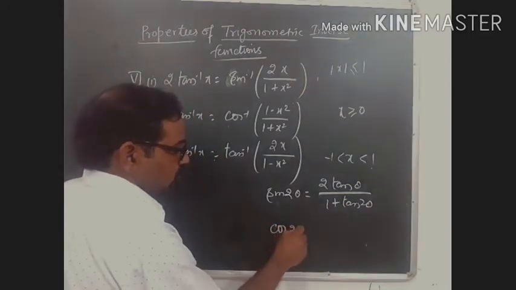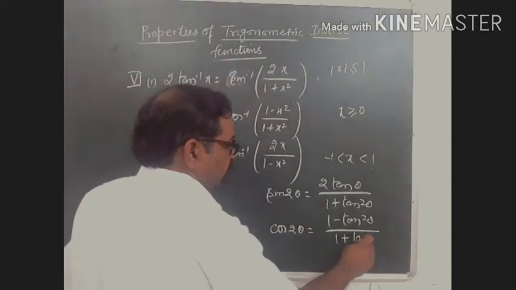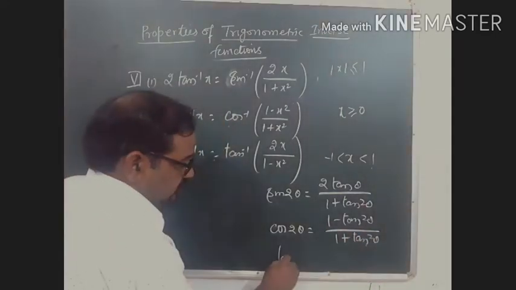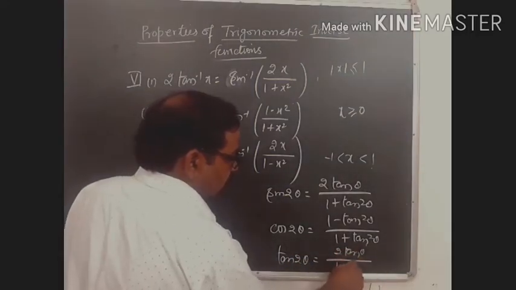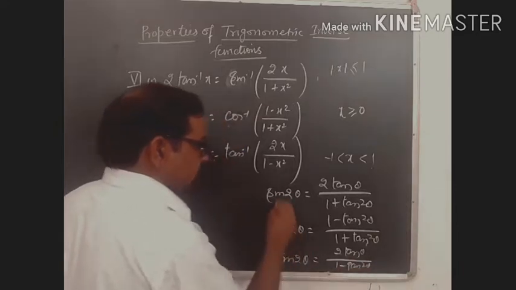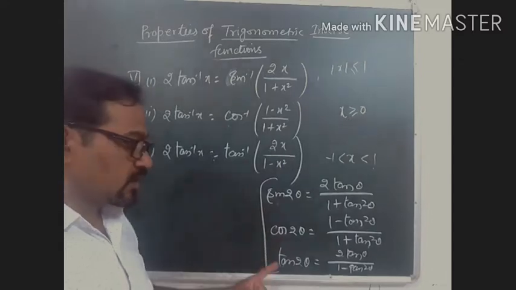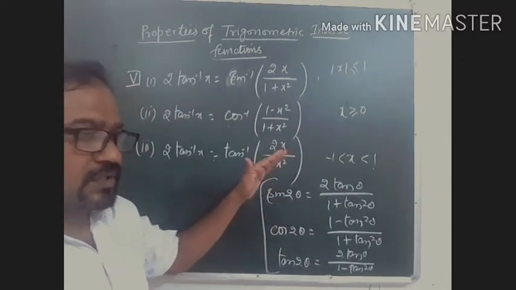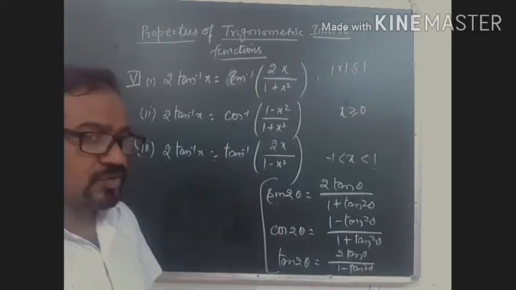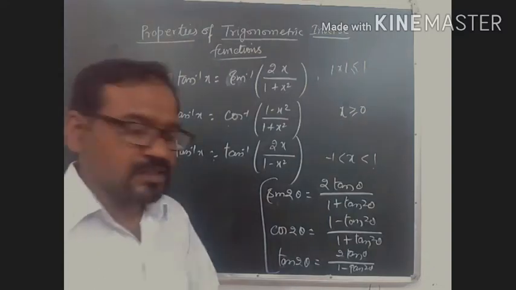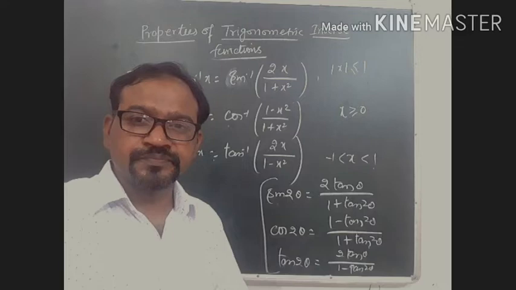Similarly, cos 2 theta equals (1 − tan square theta) upon 1 + tan square theta, and lastly tan 2 theta equals 2 tan theta upon 1 − tan square theta. We will use sin 2 theta in the first part, cos 2 theta in the second part and tan 2 theta in the third part. We will prove the first part, and you can prove the second and third parts.